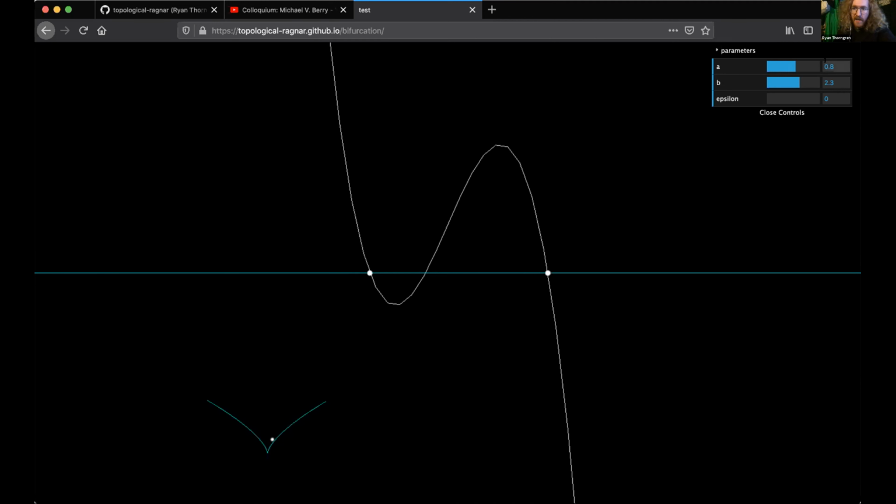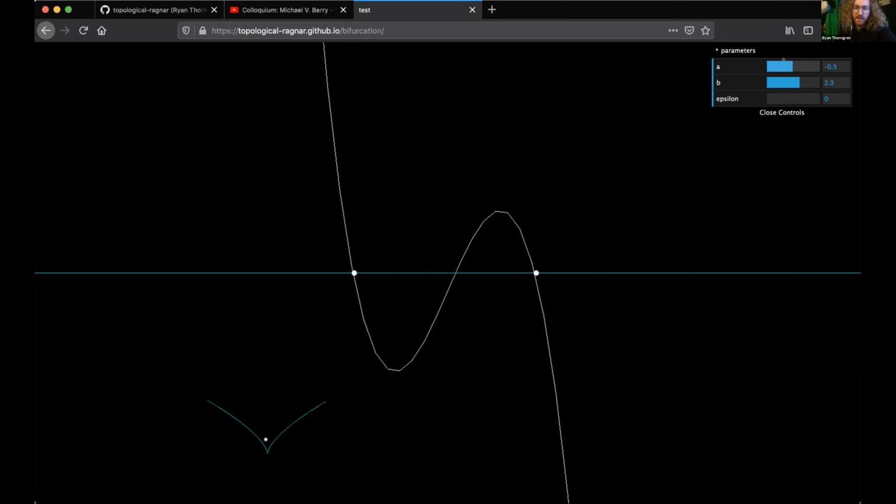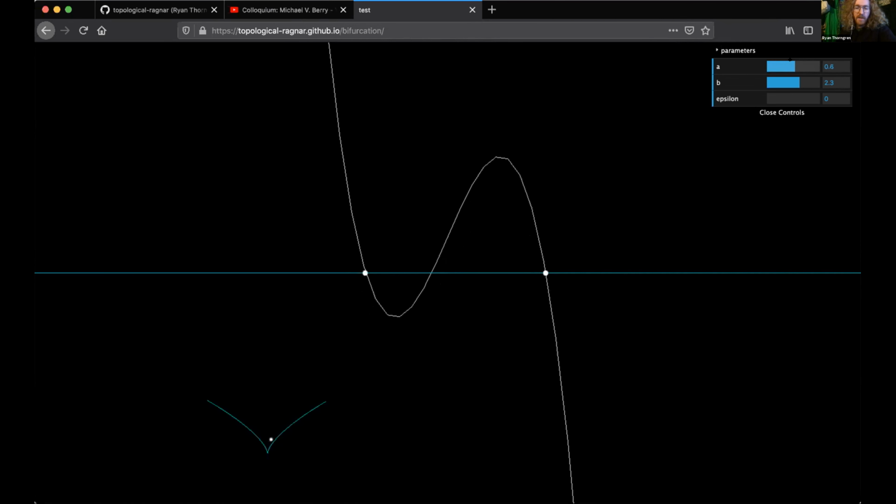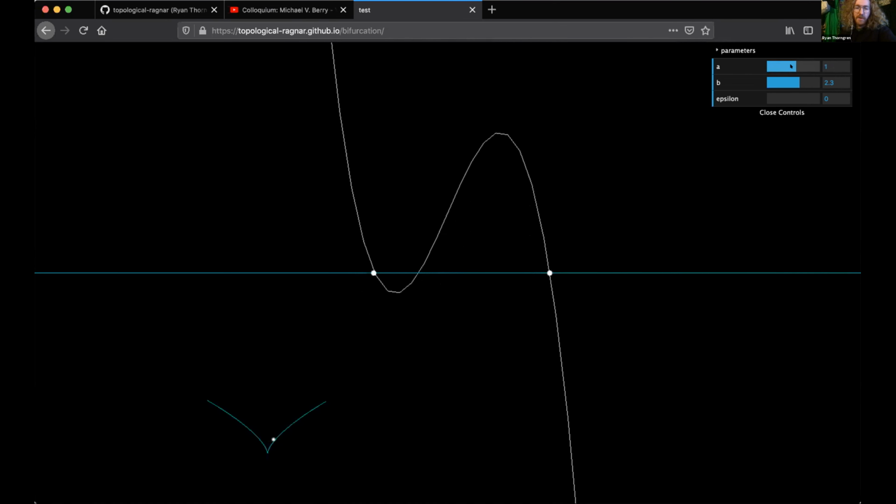If I keep tuning A, something else interesting is going to happen. So notice if I just tune A gently, these points stick to the stable fixed point that they're already at. But if I start to move it so that this part of the curve gets close to a tangent, then we recognize the first bifurcation that we saw.